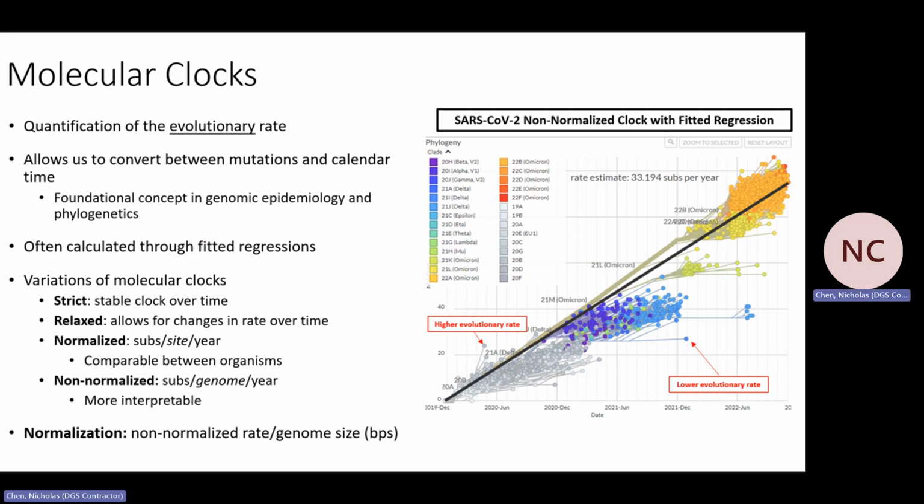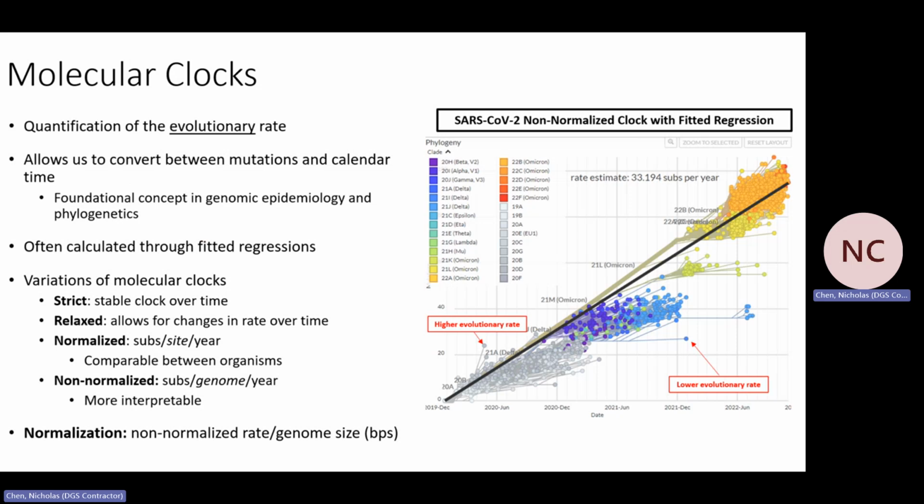Pulling all of this together, if we look at the figure on the right, we can first see that this is a collection of SARS-CoV-2 genomes with collection years on the x-axis and the number of accumulated mutations on the y-axis. Because there is only one regression line and one corresponding rate, we know that this is a strict clock model.